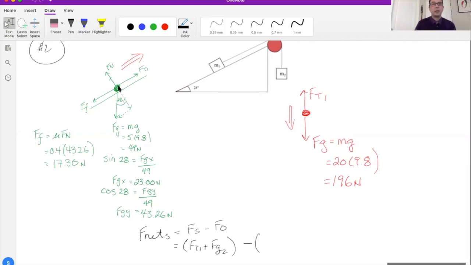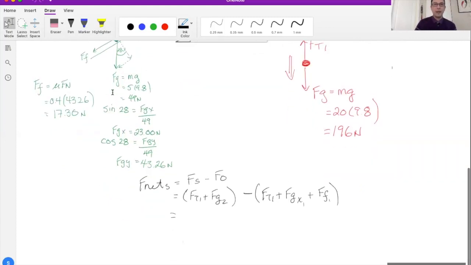Opposing forces will be force of tension 1, force of gravity in the x on object 1, and the force of friction on object 1.